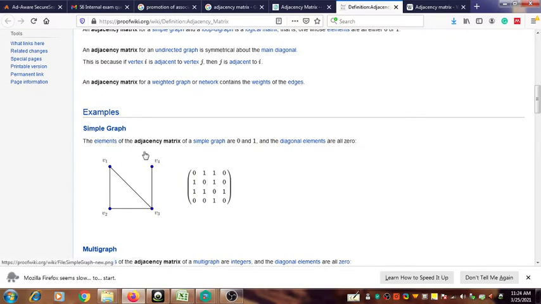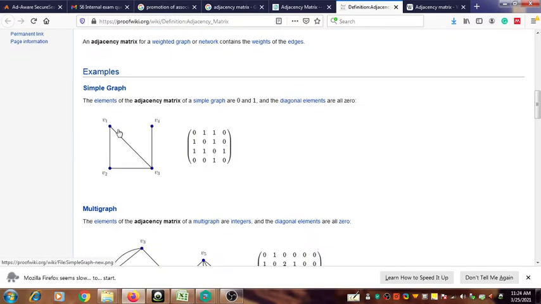First we consider a simple graph, and this graph contains 4 vertices and 4 edges, and the vertices are labeled here. For drawing the adjacency matrix neatly, labeling the vertices is an important matter.